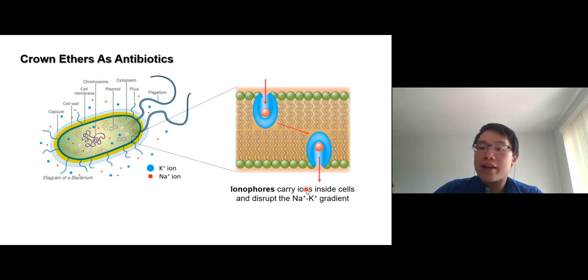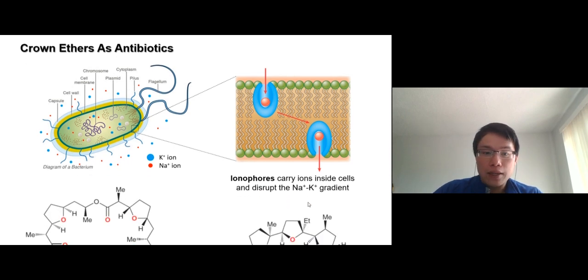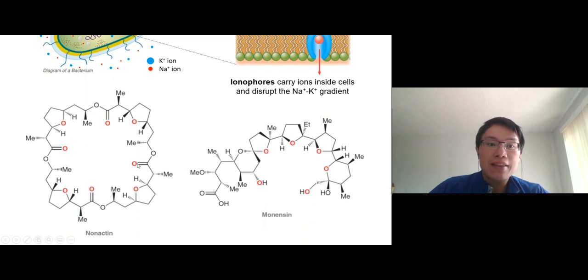They have the ability to carry ions and bring the ion inside the cell and disrupt the sodium potassium gradient inside the cell. So it looks something like this. Here we go. They can carry a lot of ions actually. Sodium ion can bind here, potassium ion can bind here, sodium ion can bind. There's quite a bit of ions that can be transported from outside to inside the cell. So when we put these nearby a bacterial cell, right?